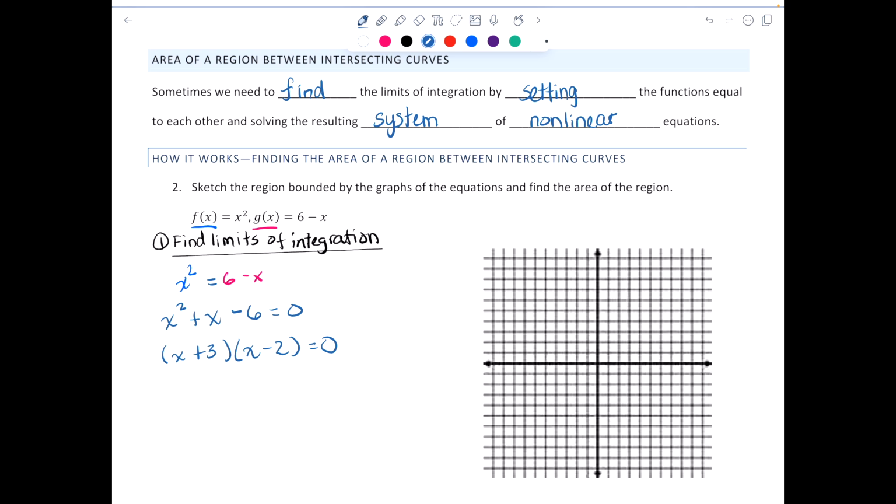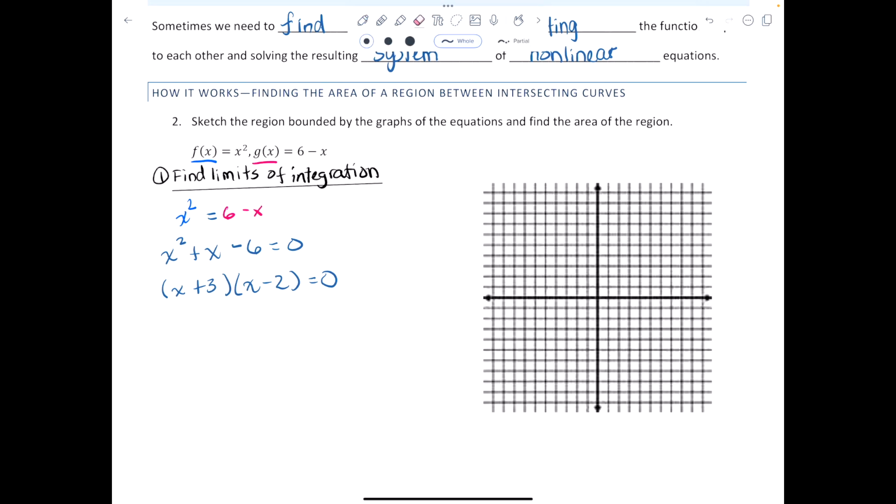I just know that a negative product means you have different signs. I needed something that multiplied to negative 6 and that when you combine like terms was positive. That's why I chose the positive for the 3 and the negative for the 2. All right, so this means that we get x is negative 3 or x is 2 because we set each of them equal to 0 and solve using the zero product property.